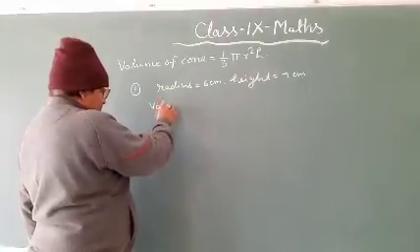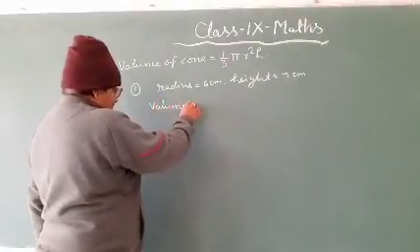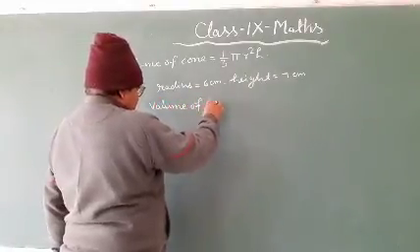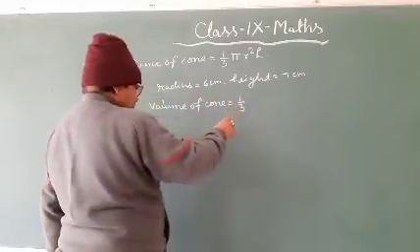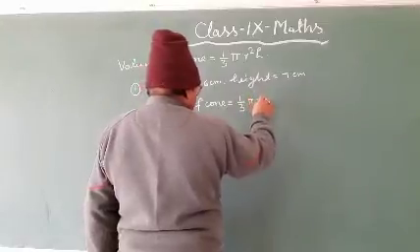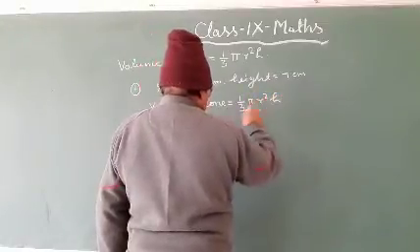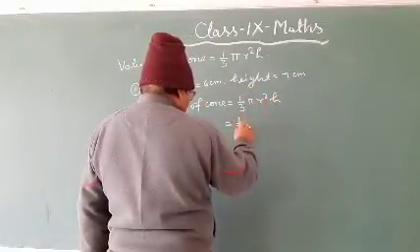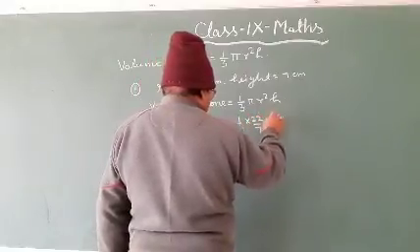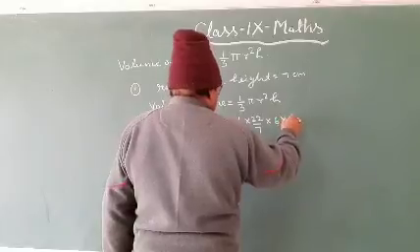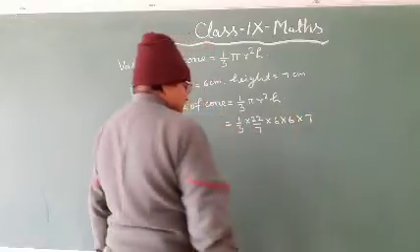Volume of cone equals 1 by 3 pi r square h, which is 1 by 3 into 22 by 7 into 6 into 6 into 7.